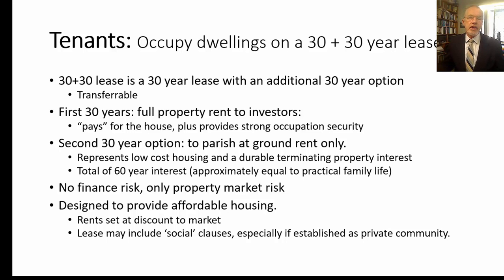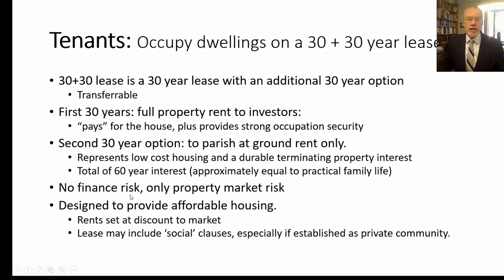And that provides the tenant with a durable terminating property interest, which is kind of a reward for paying the near market rent for the first 30 years. From the tenant's point of view, it means that the only variable is the property market risk.